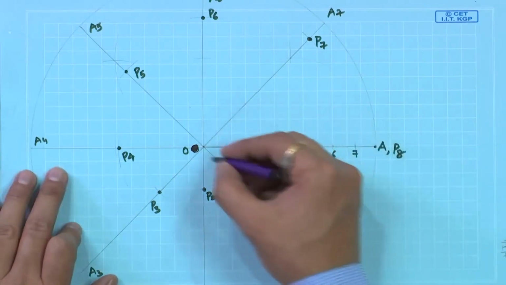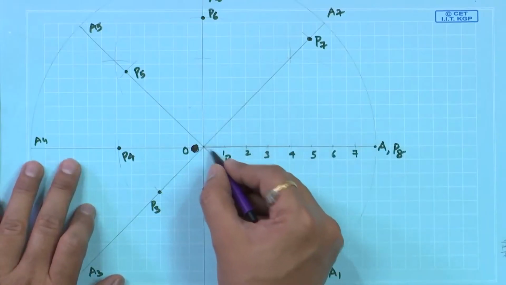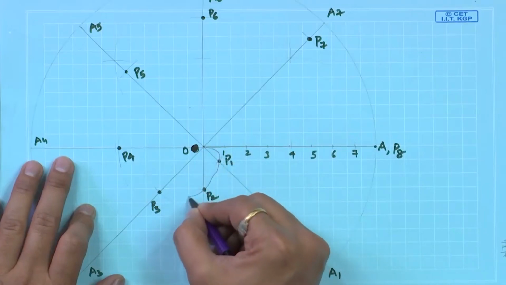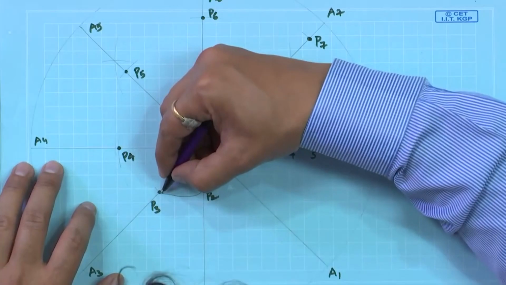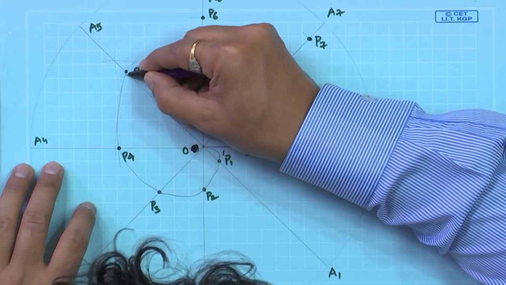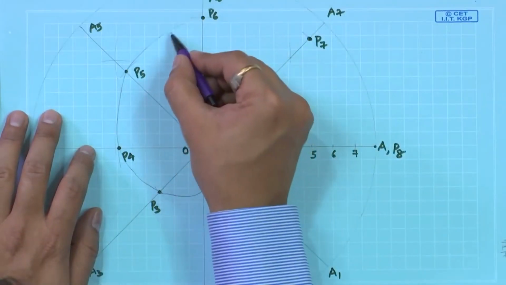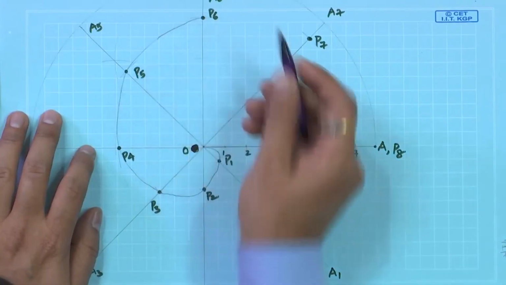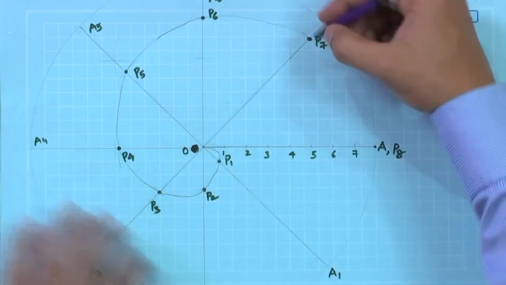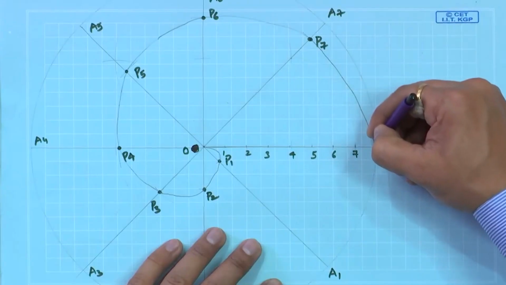Now, join these points all the way beginning with O. So, if we have many more divisions, it comes nicely: 1, 2, 5, all the way to 6, 7, 8.